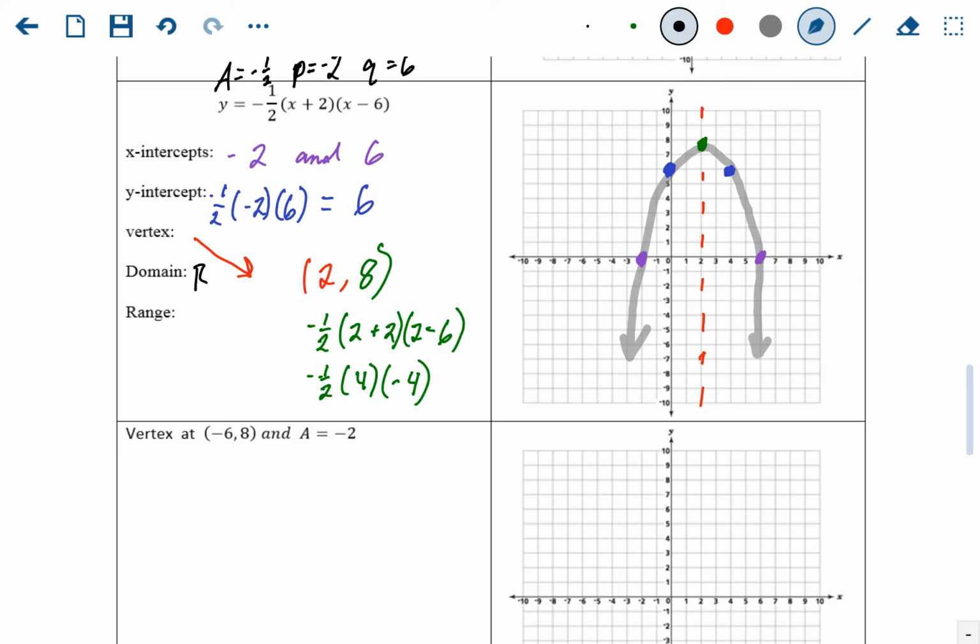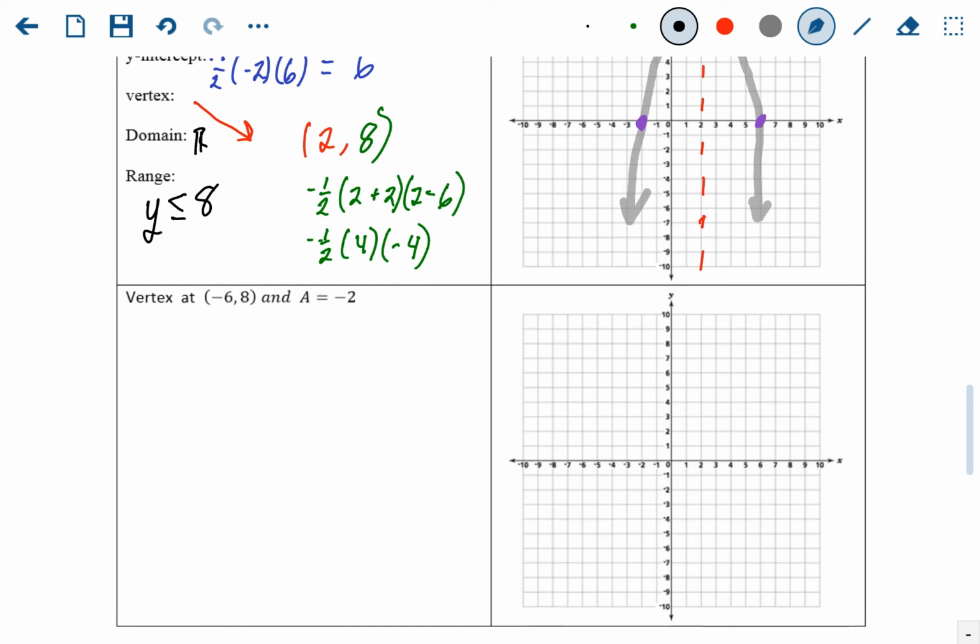Domain, all real numbers. The range, this one's a maximum. The vertex is the maximum, it's the highest point. So the y value of the vertex is the absolute highest point on this graph, which means all points are going to be less than or equal to 8.